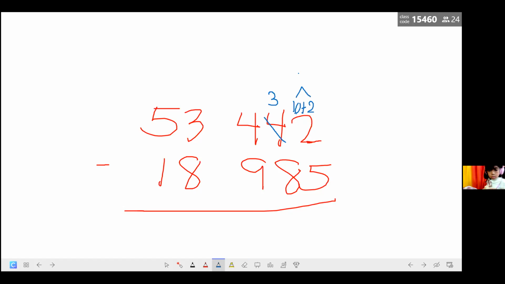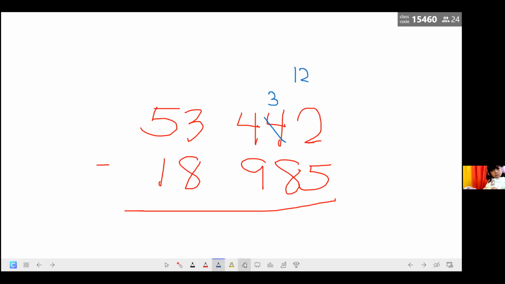Do you understand, class? Yes, teacher. So in other words, to make it easier, we say we regroup 4 tens and 2 ones into 3 tens and 12 ones.